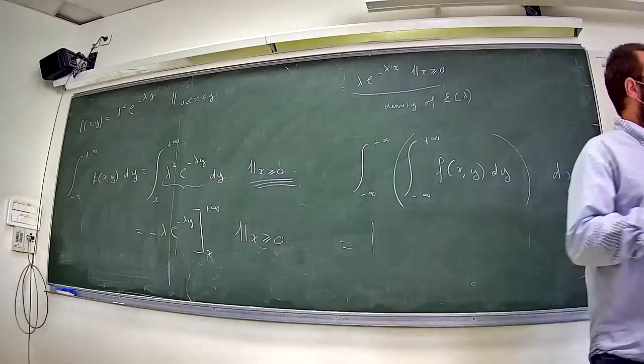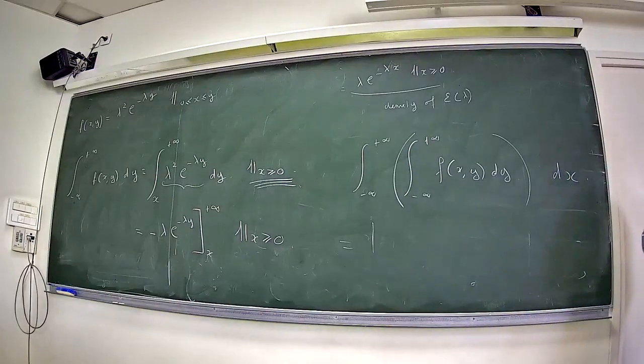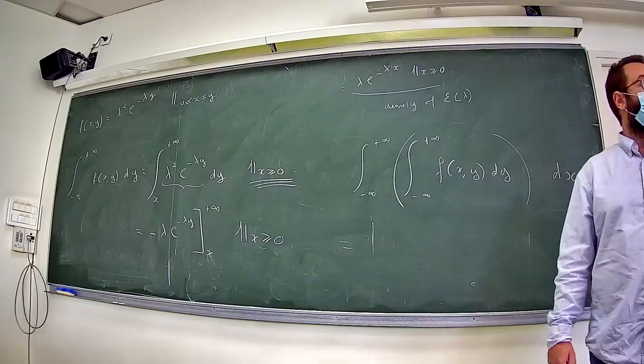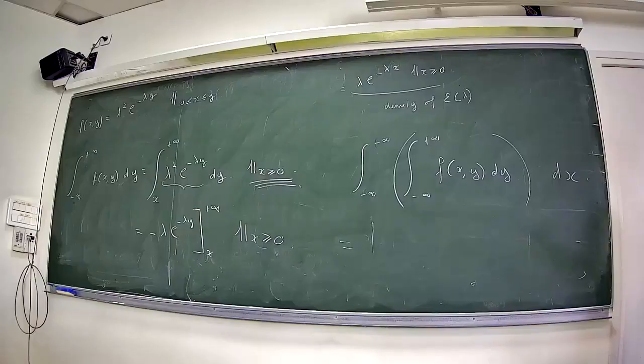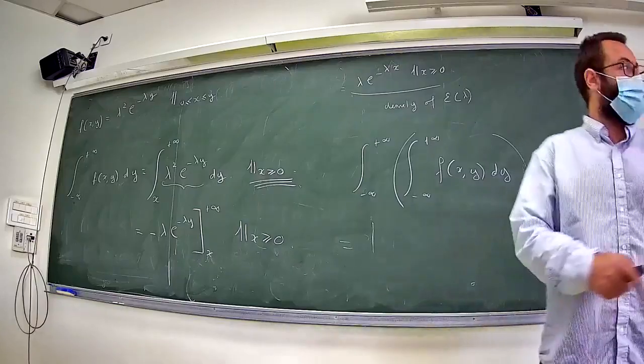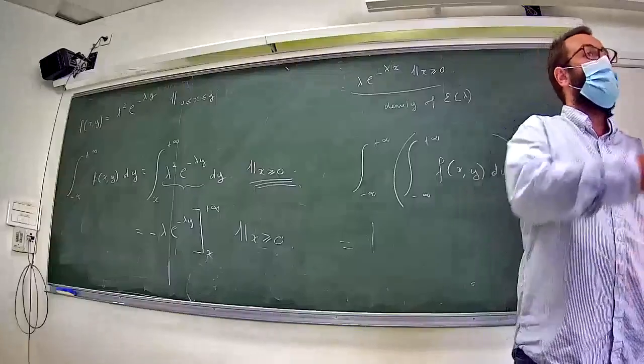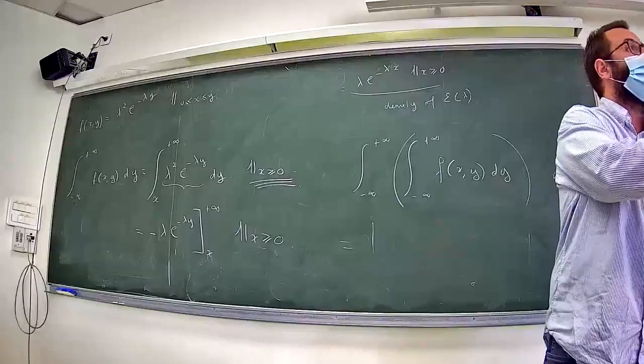So here you have an example of a mapping that is positive, and with the double integral equal to 1, according to the computation I have done. In fact, typically this kind of mapping will be what I will call in a few seconds a joint density function.